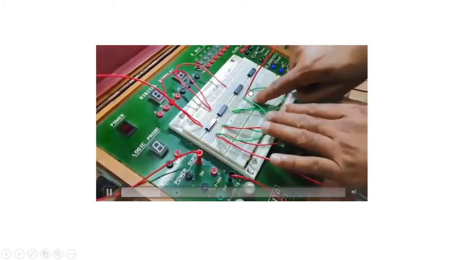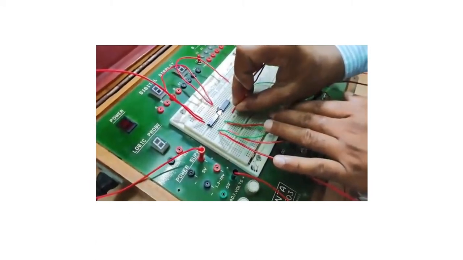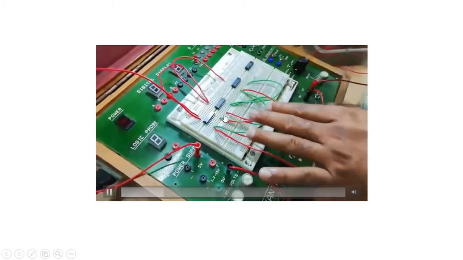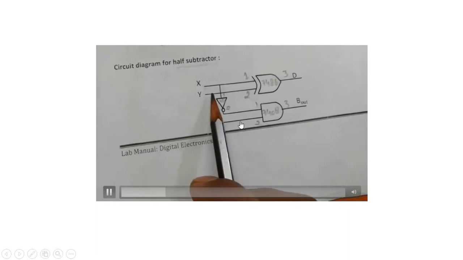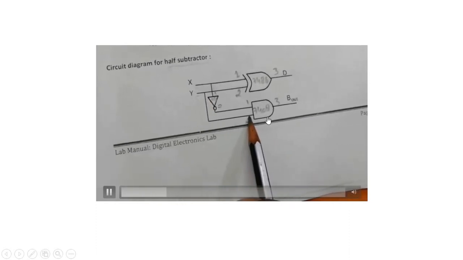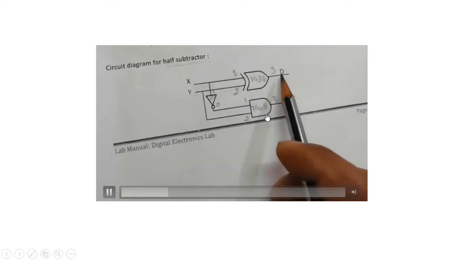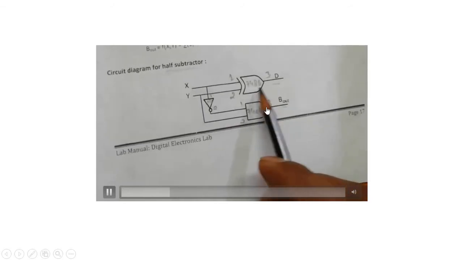Then at pin 2 you are getting its complement, which you will give to the first pin of this AND gate to get the borrow. Then the second input you are giving to the second pin of this AND gate directly. You don't require any inverter here. And finally you get the output from the third pin of this XOR IC and the borrow from the third pin of this AND gate IC.